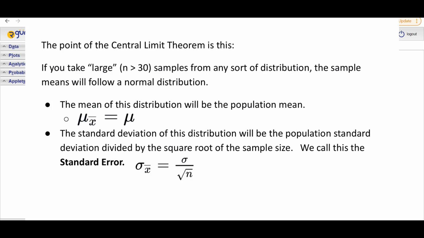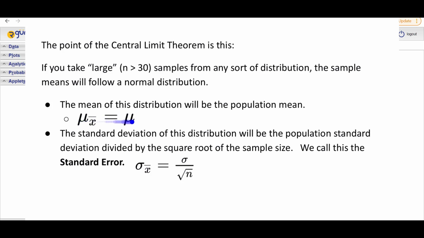The mean symbol is mu, something we're familiar with, and then the sample mean notation is x bar, also familiar. So when we put them together, a mu with a subscript x bar, it stands for the mean of the sample means. So the mean of the sample mean distribution is actually equal to the population mean.